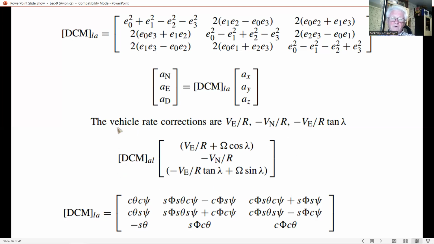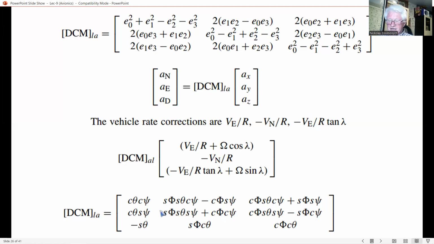The initial value of the direction cosine matrix between the aircraft and the local NED axes is given by this expression, where S here is sine and C is cosine. We are using this simply for a shorter and more compact form. Okay?